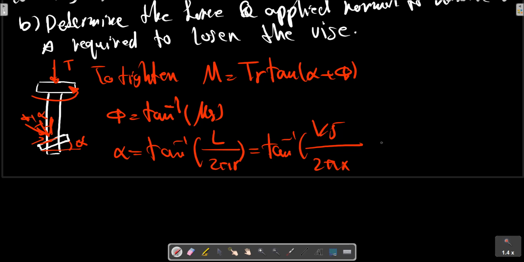The diameter is 1 inch, so the radius is 5/10 inch.